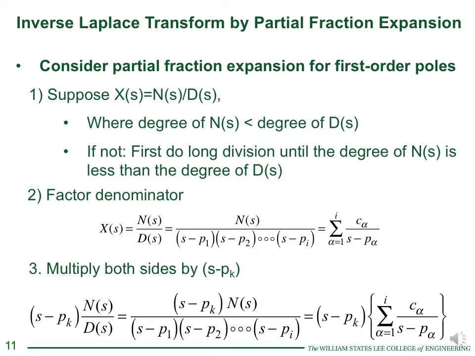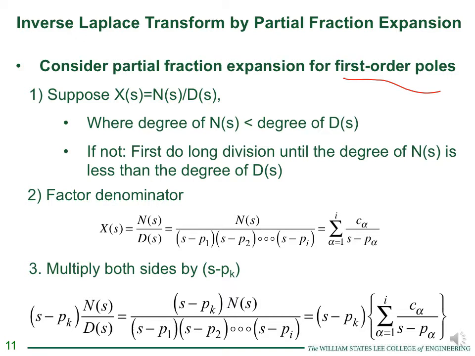We'll just take the most simple case of first order pole partial fraction expansion. It's just more complicated if you have repeated poles, but you can review that in many textbooks and other resources, but just the basic principles we'll go over here.